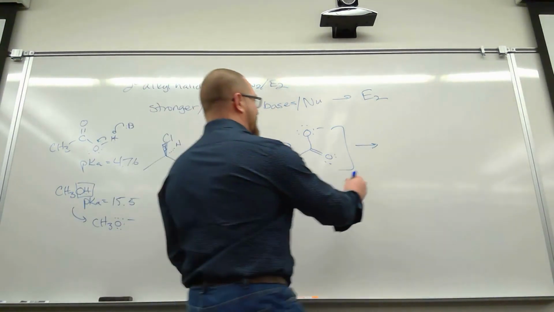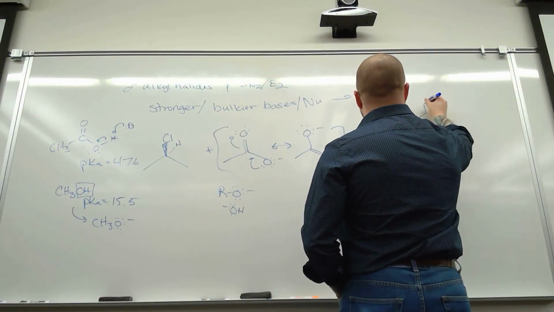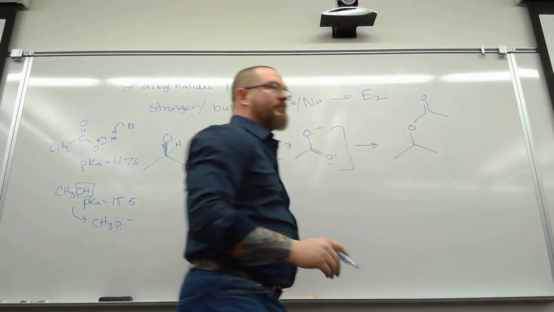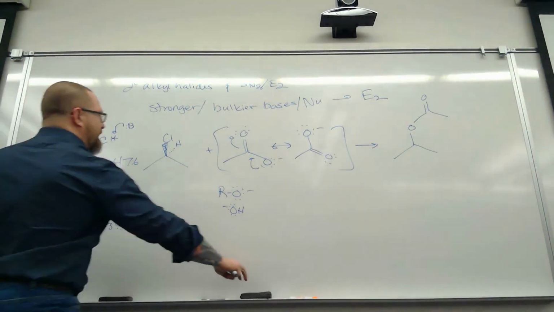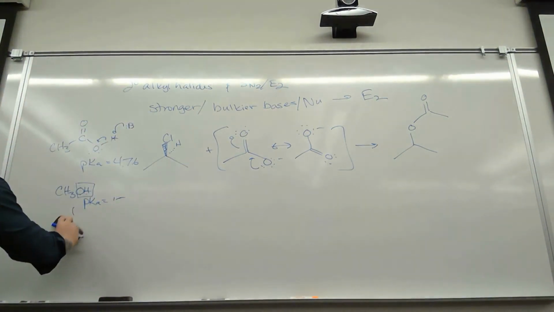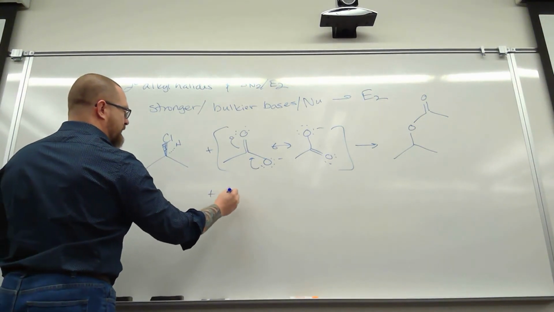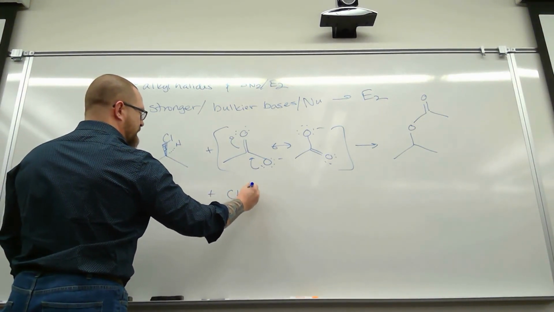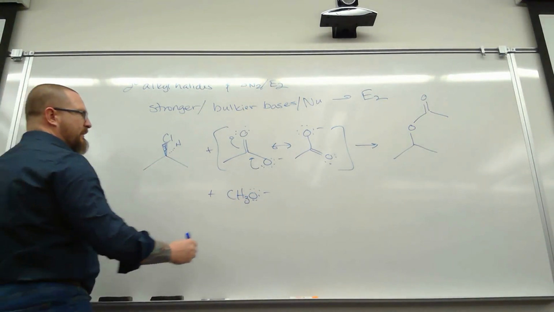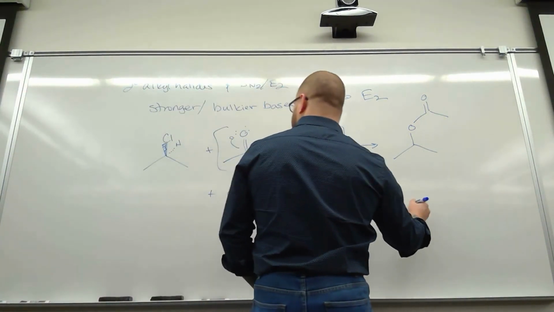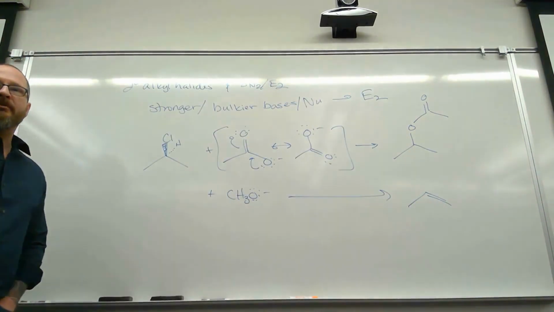So if we were to predict this, that'd be your substituted product. Now, if you wanted to drive this exact same thing towards elimination, you could just use methoxide or ethoxide or propoxide and get your elimination product.